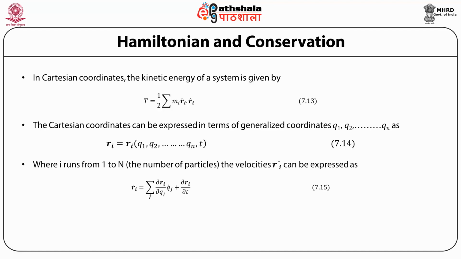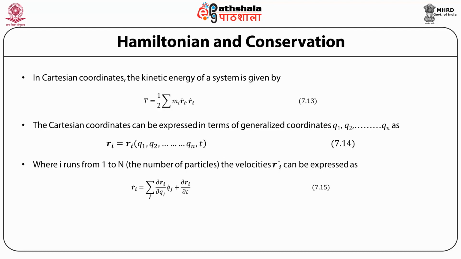The velocity r_i dot can be expressed as the partial derivative of r_i with respect to the jth generalized coordinate multiplied by q_j dot.